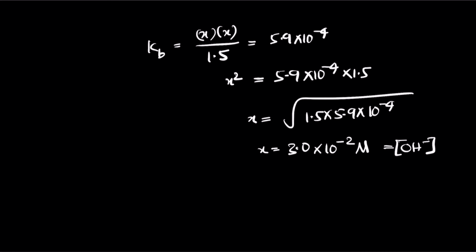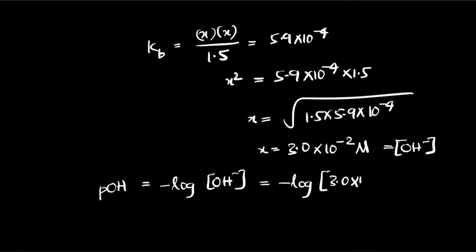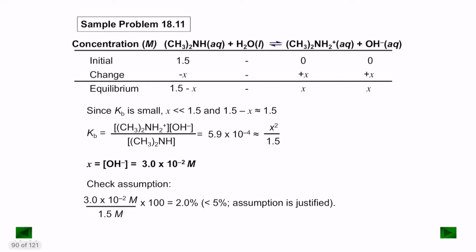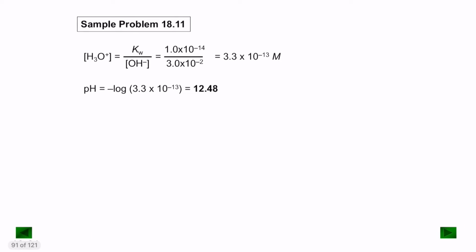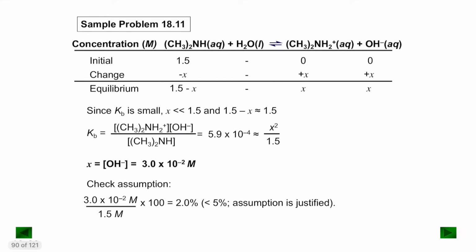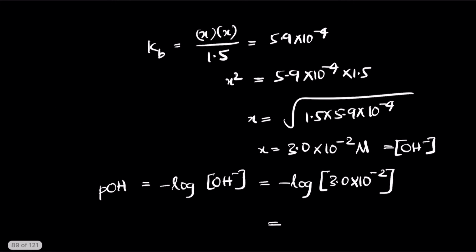Now the idea here is to first find pOH. pOH is negative log of OH minus, which is negative log of 3.0 times 10 to the power negative 2, which becomes 1.52. So this is the value of pOH.